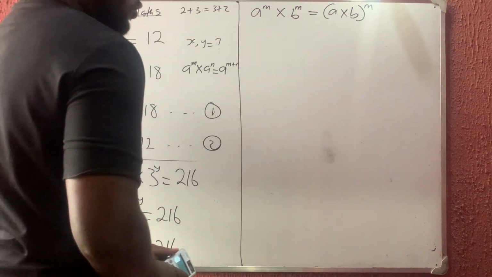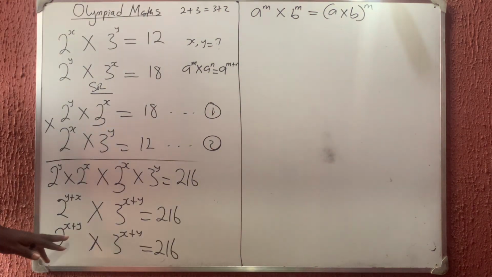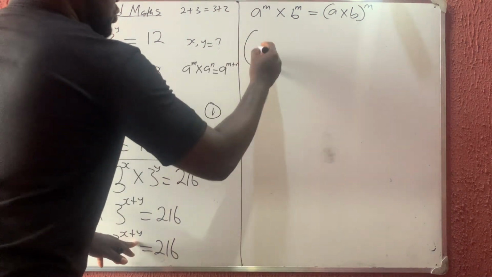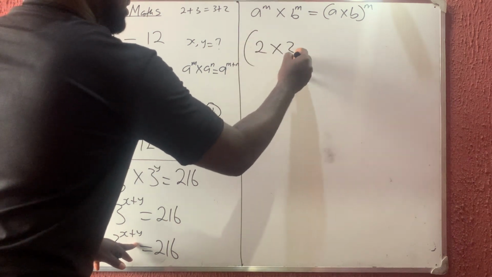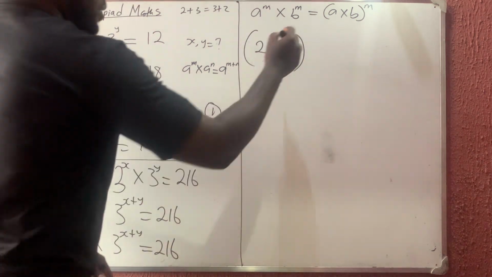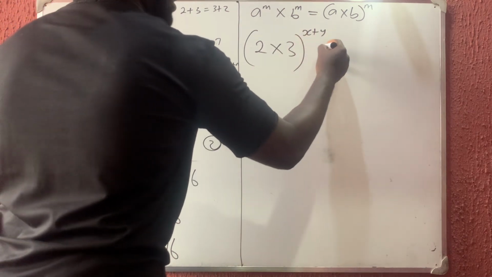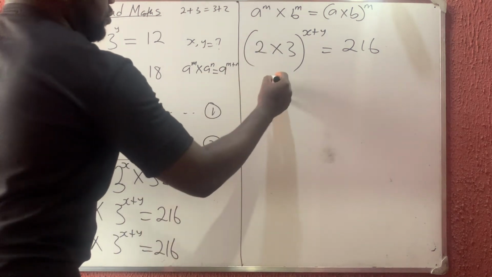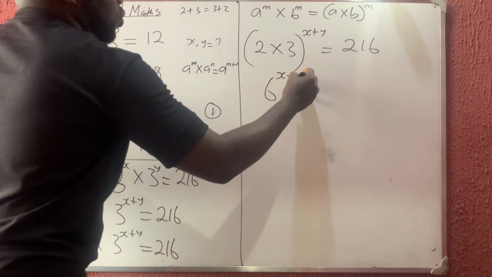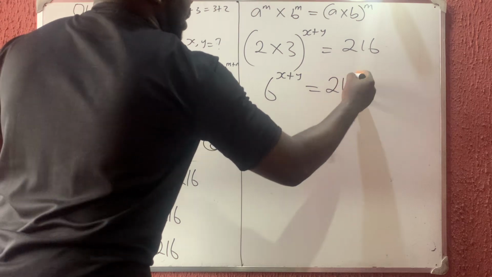So let us apply it here. The powers here are the same, so I can have 2 times 3, everything raised to power x plus y, is equal to 216. This will give you 6 raised to power x plus y is equal to 216.